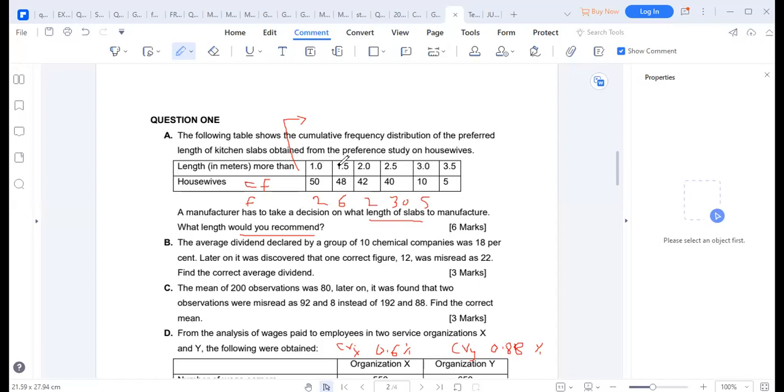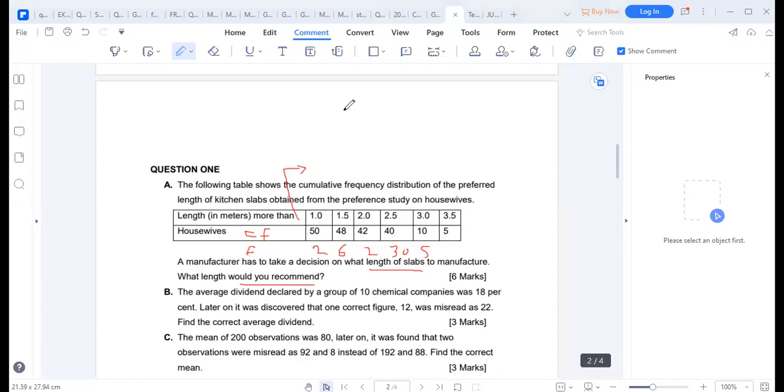This number to that number, until we go to the last one. So we have 1.0 to 1.5. What frequency are we going to use? 2.